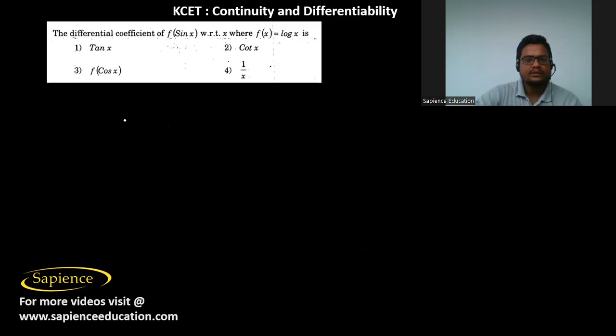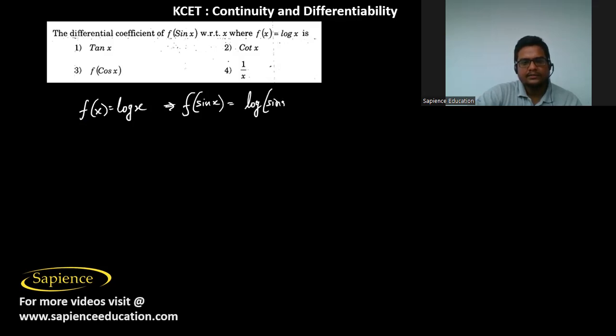Then it is told, the differential coefficient of f of sine x, where f of x is equal to log x. So f of x is log x. So therefore f of sine x will be equal to log of sine x. So now we have to find the differential coefficient of f of sine x with respect to x. So therefore we have to find d by dx of f of sine x.